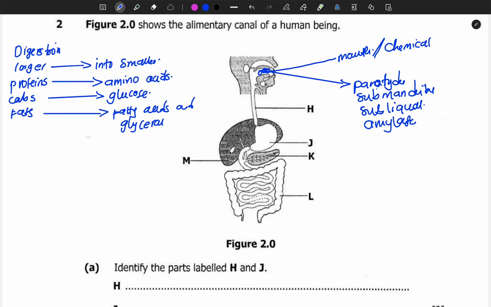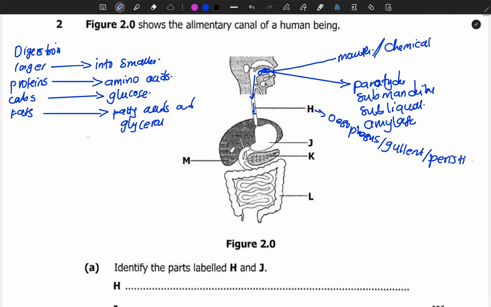When the digestion of carbs in the mouth is done, the food will move through this tube known as the esophagus. The other name for esophagus is the gullet. The process by which the food moves along the esophagus is known as peristalsis.